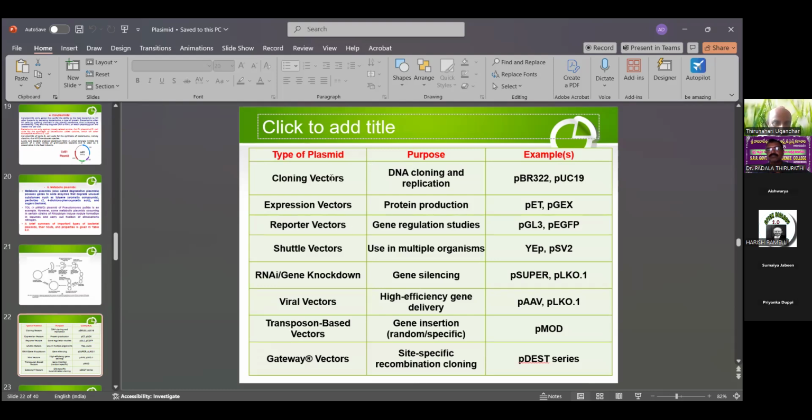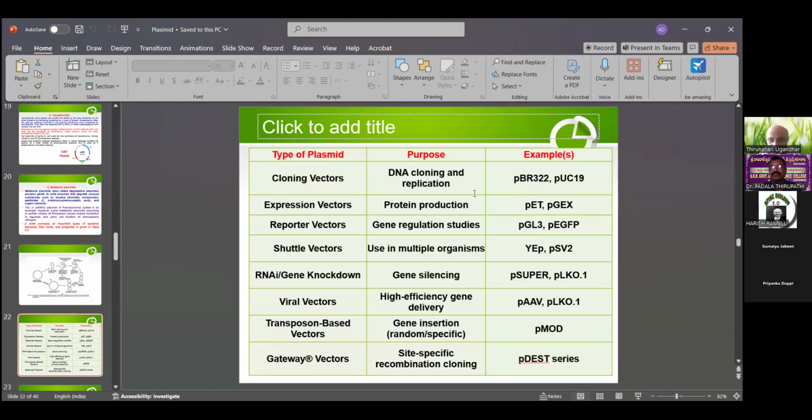So first, the cloning vectors, for DNA cloning and replication, such as pBR322. Then the expression vectors, for protein production. It is summarized briefly so the types of plasmids are easy to remember: what is the purpose, and what are the examples of each type.